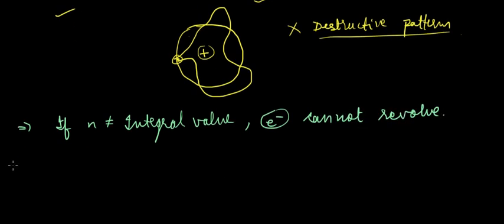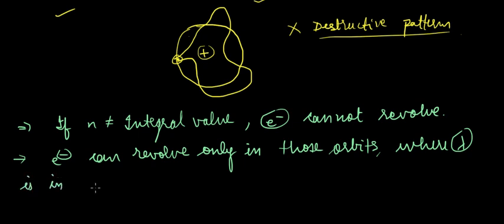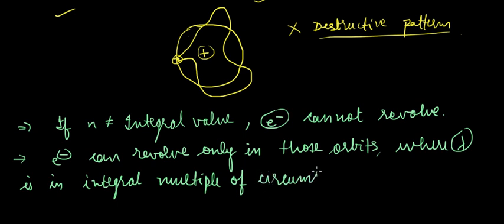And let me write down the first statement. So it is: electron can revolve only in those orbits where the wavelength is an integral multiple of the circumference of the orbits.